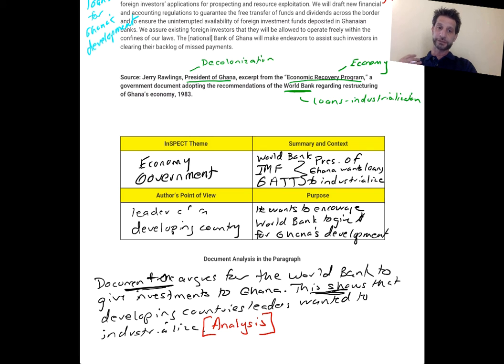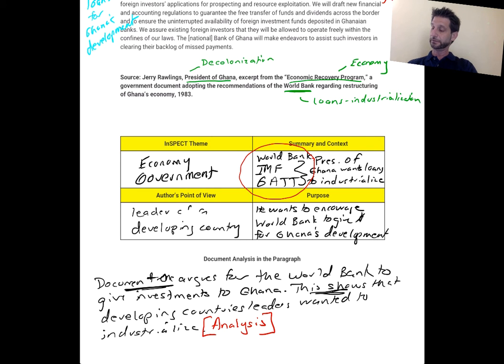And that's choosing, am I going to do point of view, am I going to do purpose, or am I going to do audience, okay? Now in this case, I've done a lot of stuff that I wanted to do up here, but I want to give one more thing. I'm going to give it on the audience, actually, this case, okay? So here's my audience right here, right? This is who he's writing to.